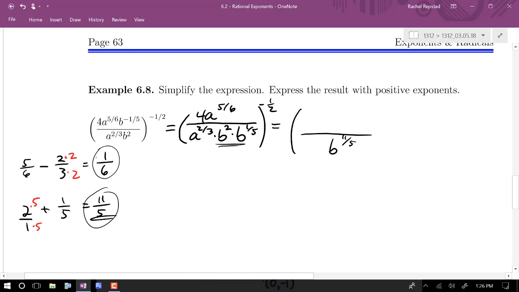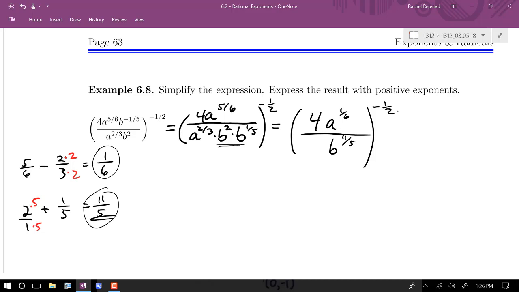That means we're left with a to the 1/6 up top. Already it's looking a little better.